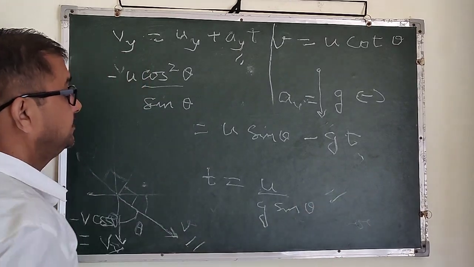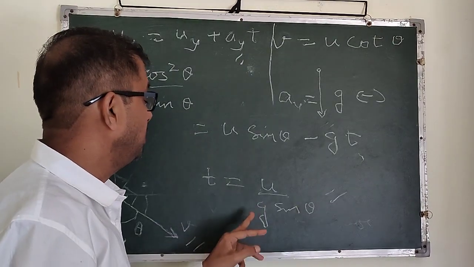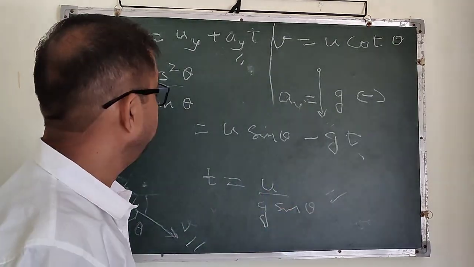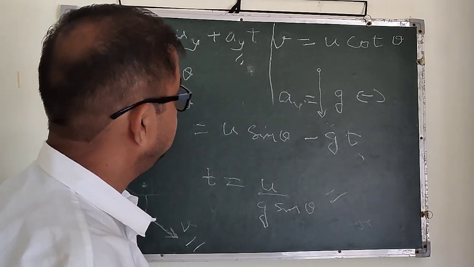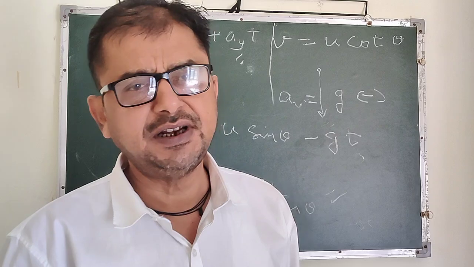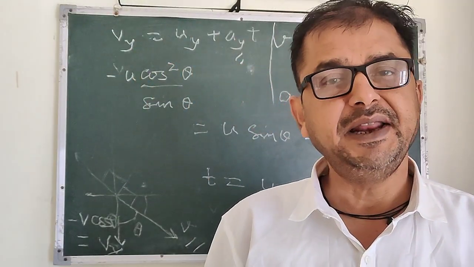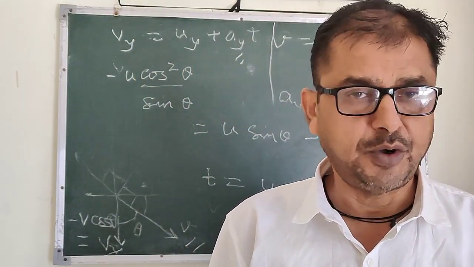This is the time, or we can write u upon g cosec theta also. So this is the time when the velocity becomes perpendicular to the initial direction. And this question is asked many times in many NEET problems.